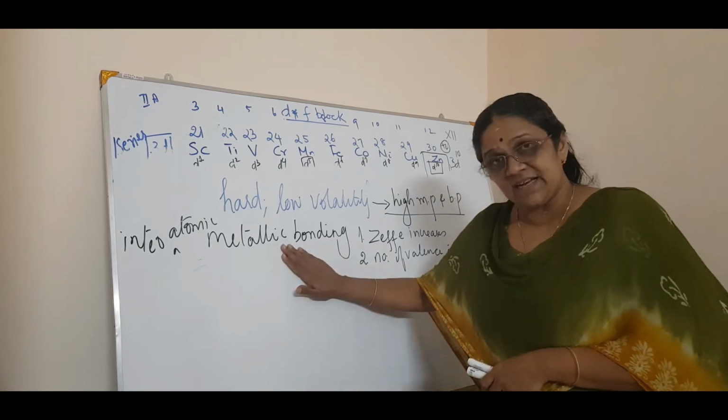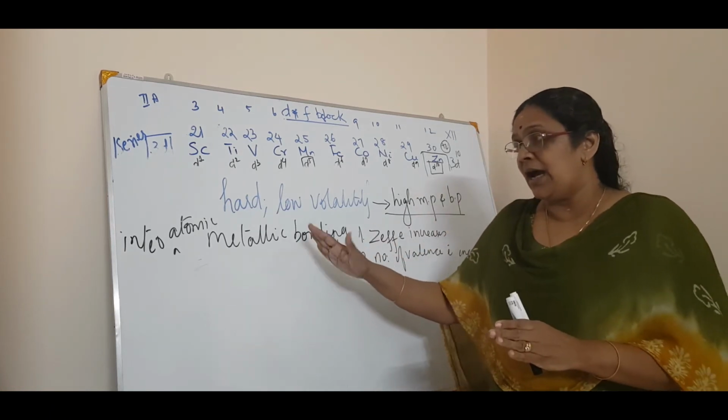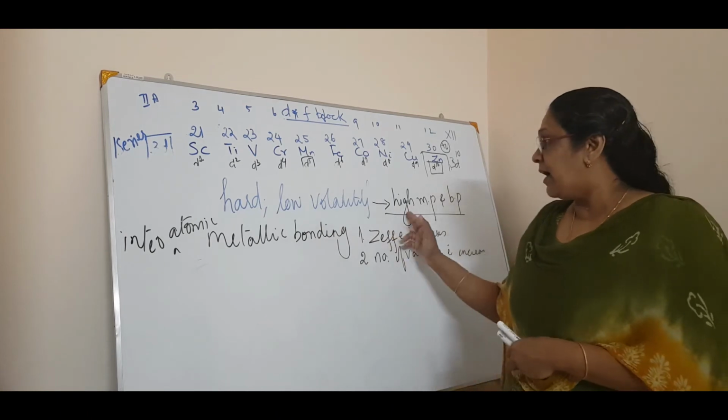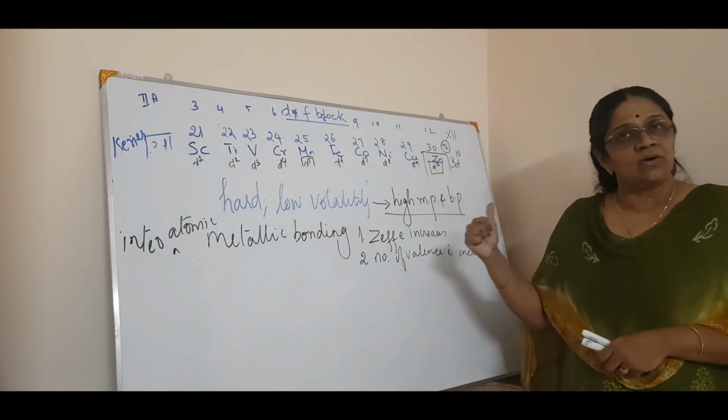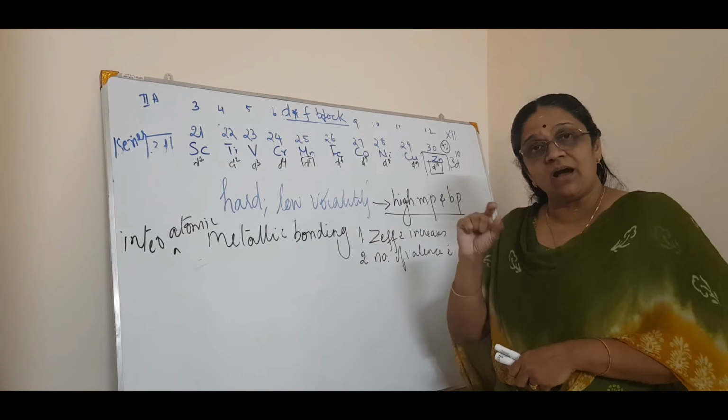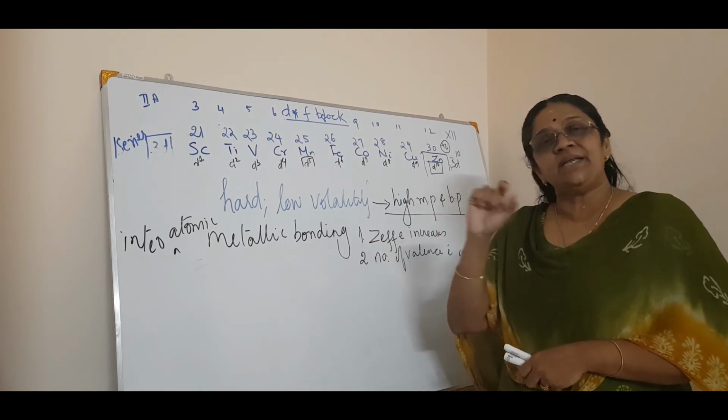And this is the reason that, in order to break this metallic bonding, a high amount of temperature is required. That is why these have a high boiling point as well as melting point.